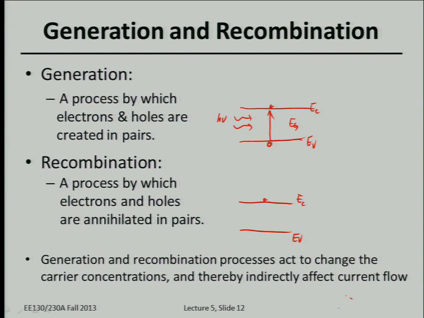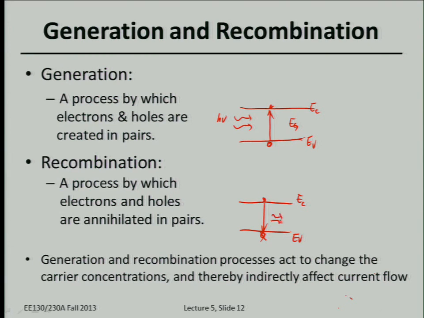I already have an electron here, and I have another hole sitting here. Then at a certain time, the electron tends to drop some energy and move back to the valence band to annihilate with the hole. So there's nothing left; both the electron and the hole just disappear.